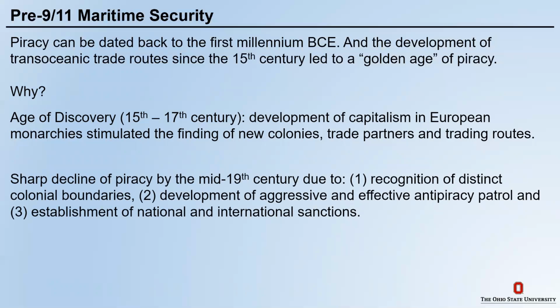And in the mid 19th century, there was a sharp decline of piracy because geopolitics back then were more stable than in the golden age of discovery, due to several reasons. Firstly, recognition of distinct colonial boundaries, which means this is my area, that's your area.